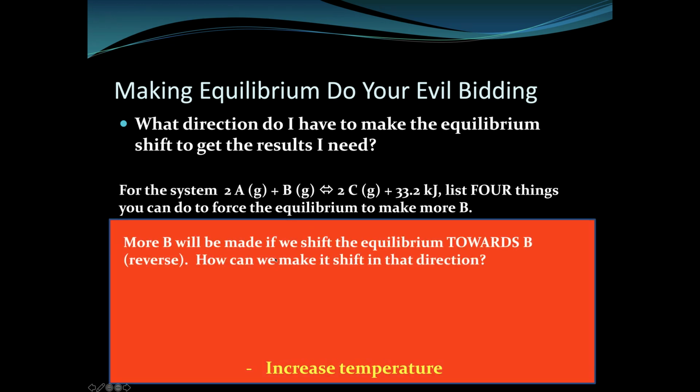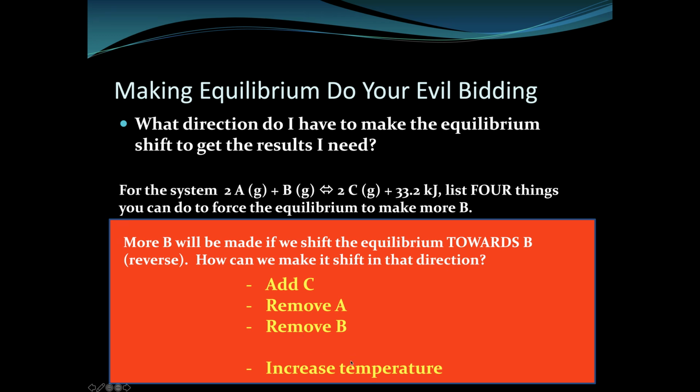Well, we can make it shift towards the reactant side by adding a product. This will force the equilibrium towards the reactant side. We can remove a reactant. That will make the reaction move towards the reactant side. We can even go in there and remove some of what we're trying to make more of, and that will shift the equilibrium towards that side to make more of it.